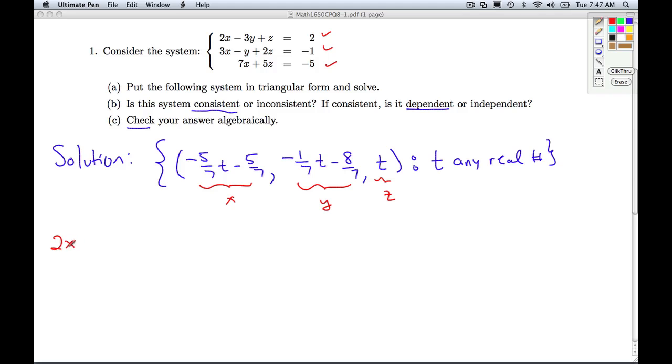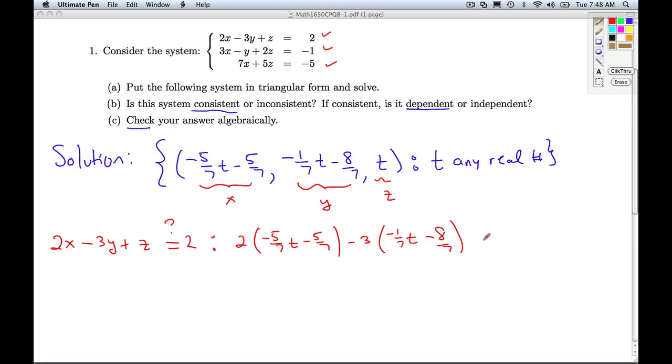Let's check 2x minus 3y plus z. Does in fact that equal 2? Alright, so we substitute these in. 2 times x minus 3 times y plus z.